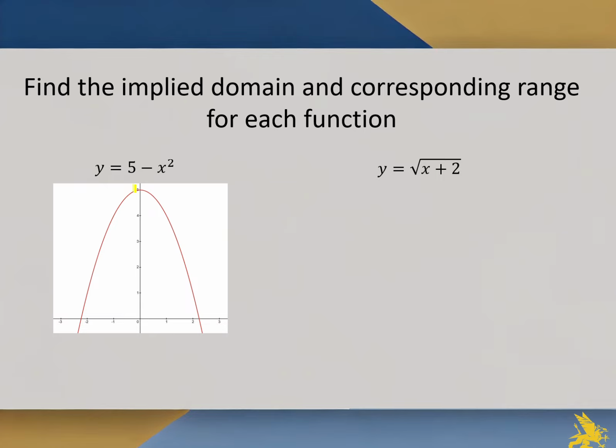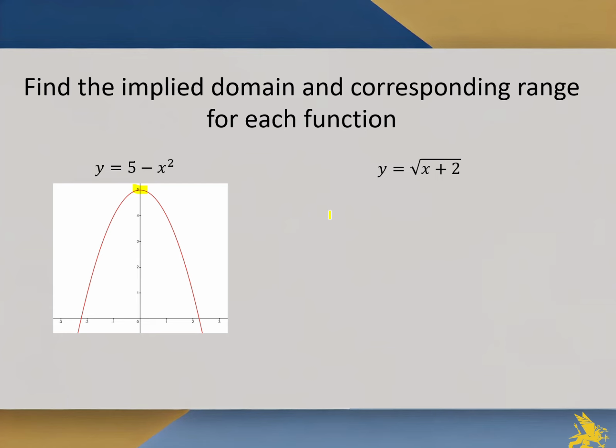So it's starting here and it's going all the way down. So my range is going to be all the way through to negative infinity and up to 5. That is the implied range.